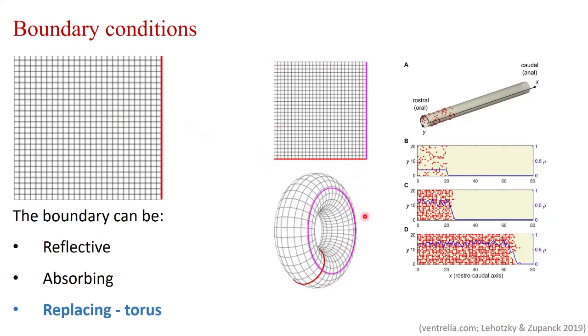When we make a torus out of it, infinite movement can be done on this grid, so the individuals or agents never bump into a wall. But in microbiome research, maybe it is more appropriate to use only a tube, and then you can see this as a model of a gut.